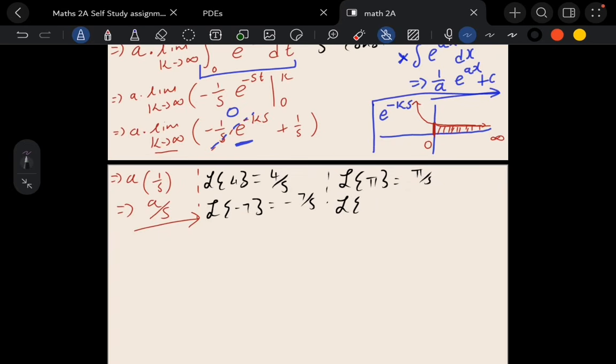The Laplace transform of e is e over s. All of these numbers here are constants. The Laplace transform of 1 over 2 is 1 over 2 over s. Or you can just say it's 1 over 2s if you're writing it in a mathematical way.